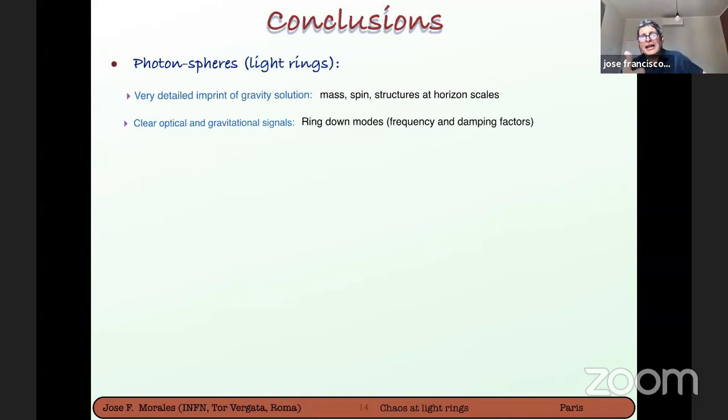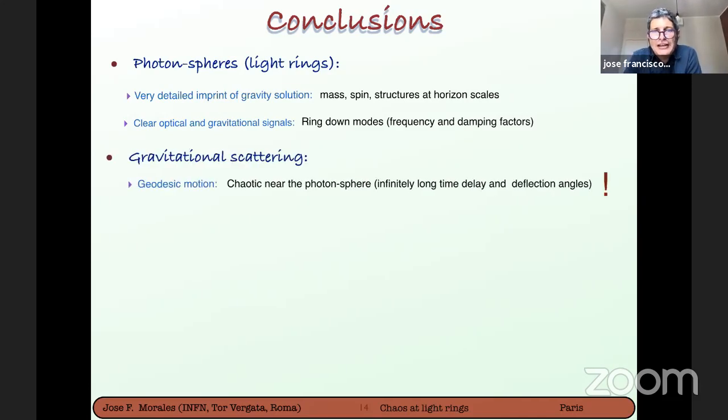This type of analysis can get very nice feedback from experiment. It's something that we don't typically dream of when we study string theory. We are typically very far away from what experiment can say. I think this is one of the few examples where maybe we can say something useful about experimental physics.